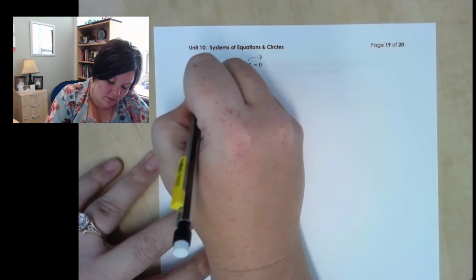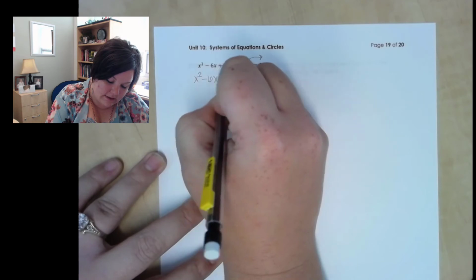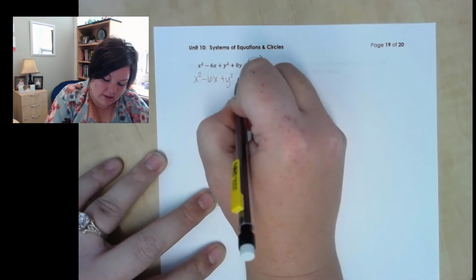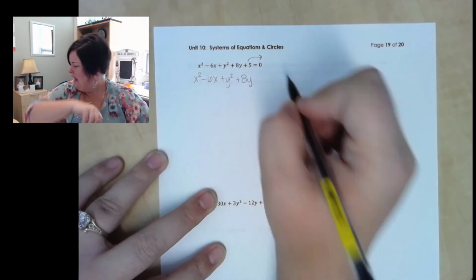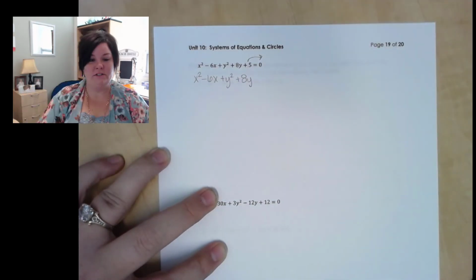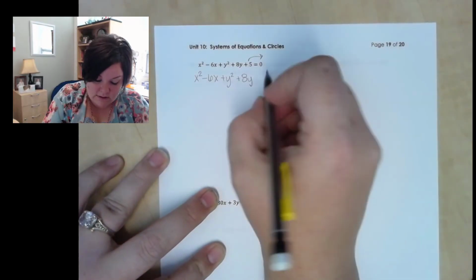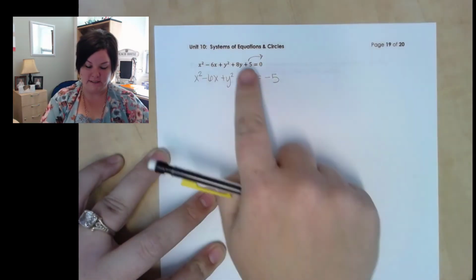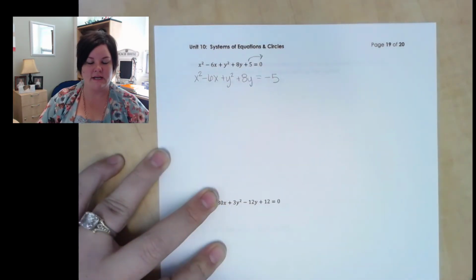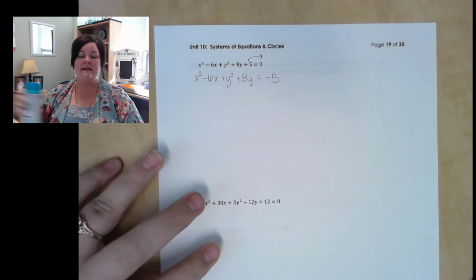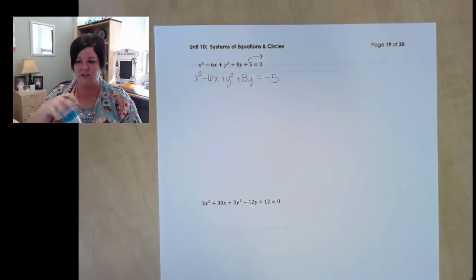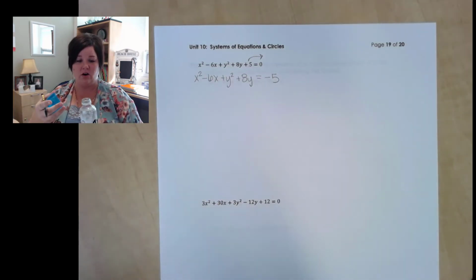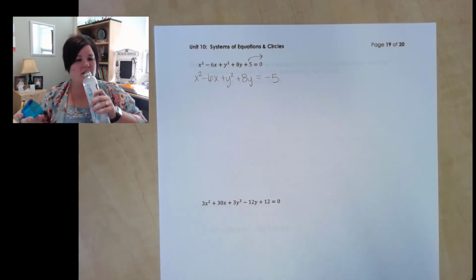So I'll have x squared minus 6x plus y squared plus 8y equals negative 5. Because when I move that 5 over by subtracting, it will become a negative on the other side. Okay. Now I want to make sure that my x terms are written together, which in this case they are, and that my y terms are written together.